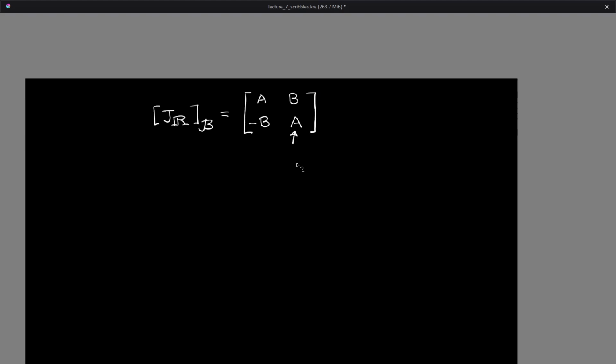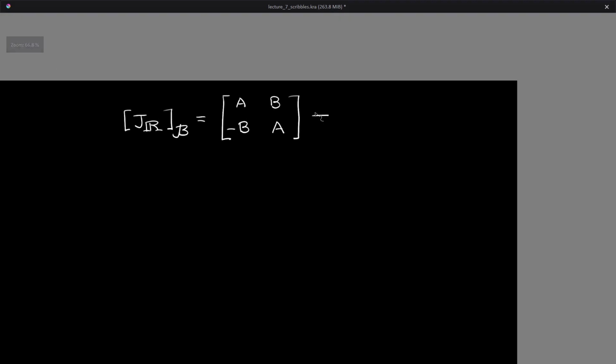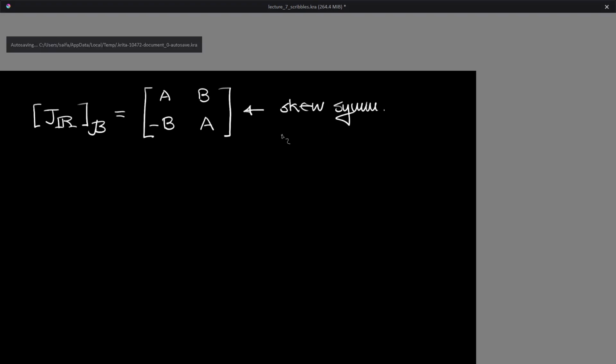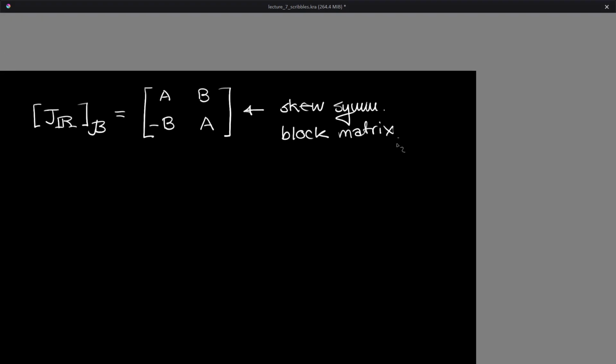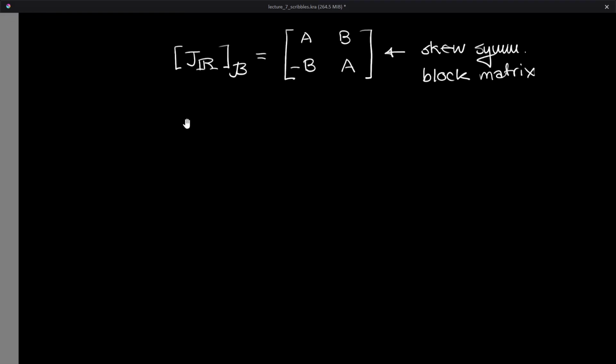We replaced D with A, and we replaced C with minus B. So this is a very famous form of a matrix, and this is actually a skew symmetric or anti-symmetric. Skew symmetric is just another way of saying anti-symmetric. Skew symmetric block matrix. Because if you flip it along this diagonal, you get the negative of what you used to get. So there's an important result for this kind of matrix, which I'll shortly explain.